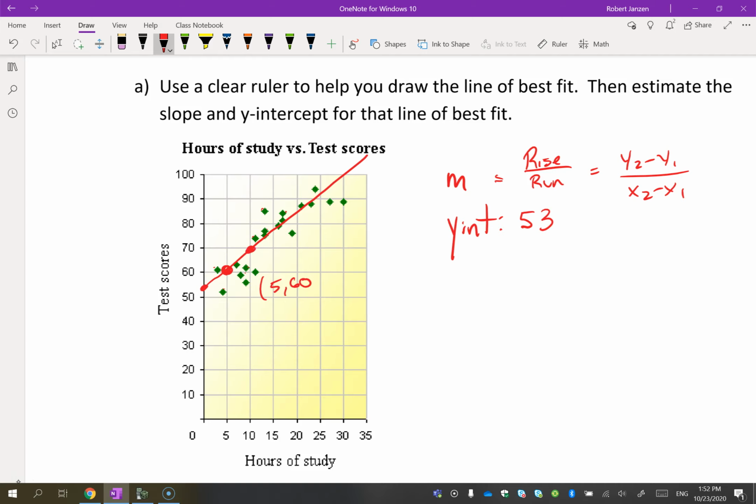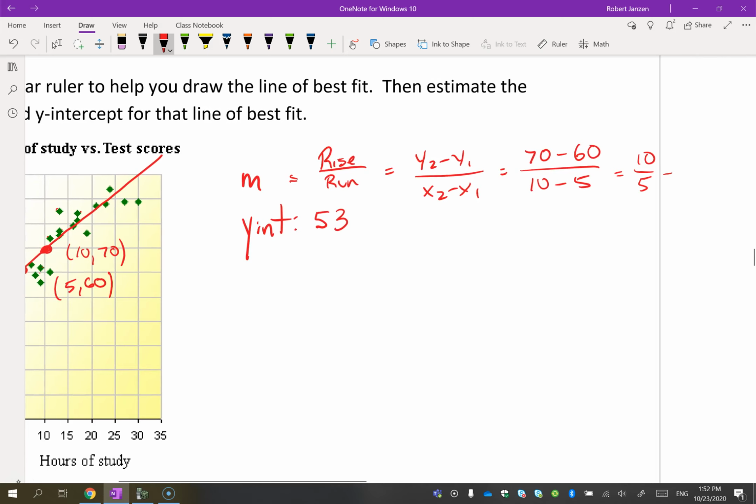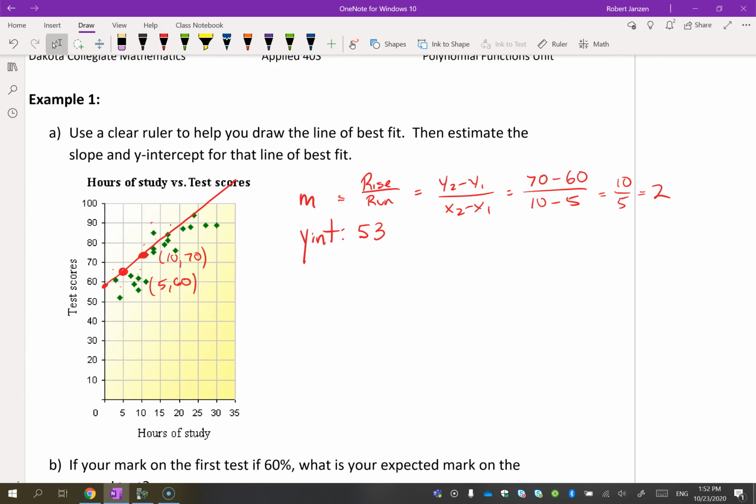Maybe this point, it looks pretty good. This point is the point 10, 70. So if we took the 2 y values, 70 take away 60, and the 2 x values, 10 take away 5, we get 10 over 5, and so the slope is 2. And what this means is for every hour of study, your test scores will go up 2 marks.